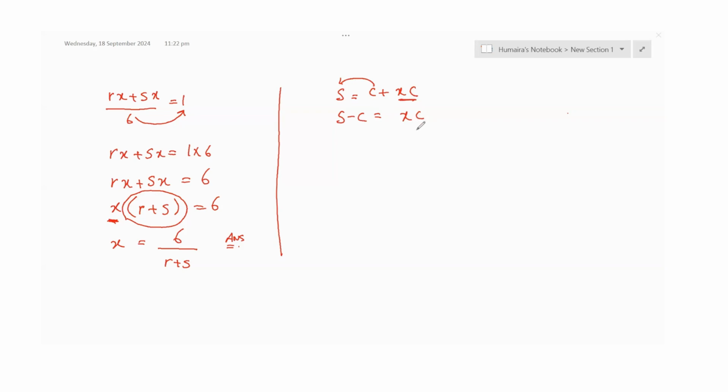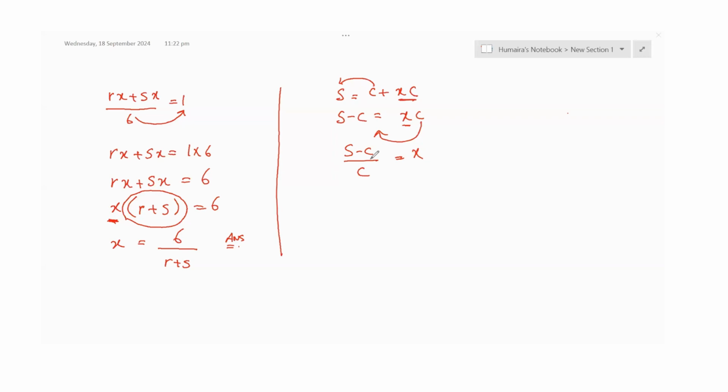Yes. And now we just want X, so I have to eliminate this C. This C is multiplying here. When I shift it to the other side, it will be in division of this whole. So S minus C will be divided by this C, which equals X. So this would be the value of X, S minus C over C.